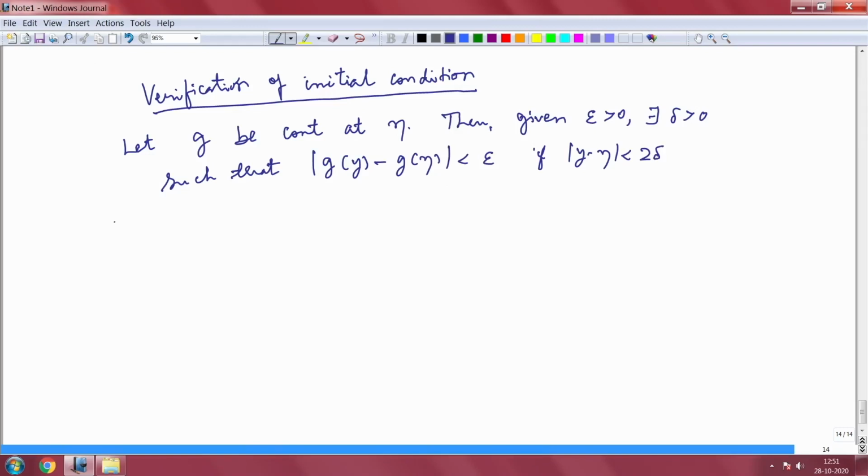Then consider u(x,t) minus g(eta). So, let us simplify this. I forgot to mention one more property, which I am writing now.